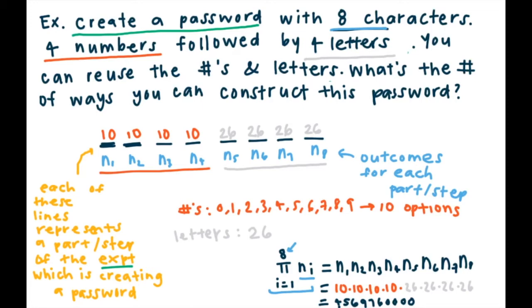And then I can plug in the appropriate numbers. So n1, n2, n3, and n4 is 10 for each of them. So I'm going to do 10 times 10 times 10 times 10. n5, n6, n7, and n8 are each 26. So I'm going to do times 26 times 26 times 26 times 26. So when I multiply out all these numbers, I'm going to get this number right here. And this number right here is my answer. And that's the number of ways that I can construct the password.